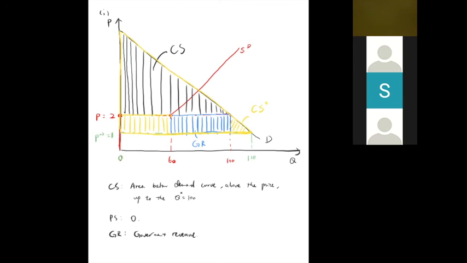So we call these things deadweight loss. And here is the deadweight loss. It's because after you impose the tax, this part of surplus didn't go anywhere. So that's the deadweight loss from imposing the tariff.